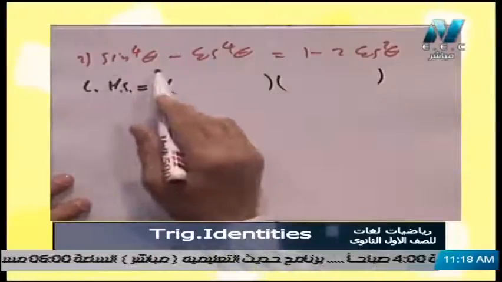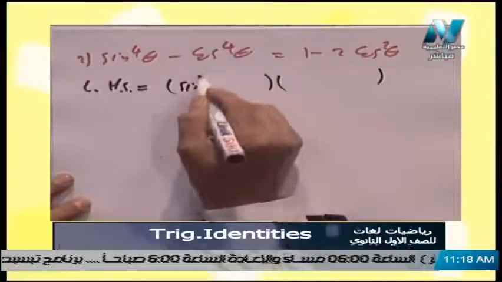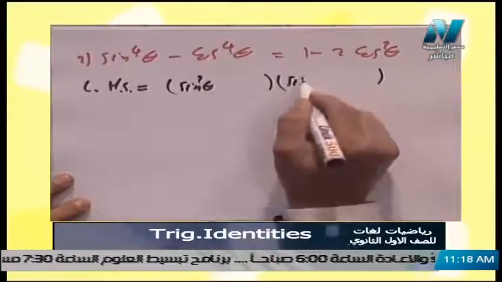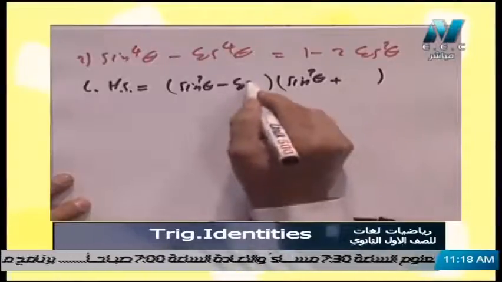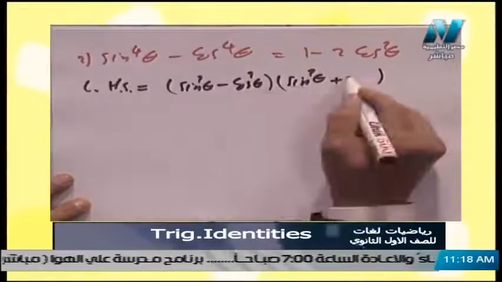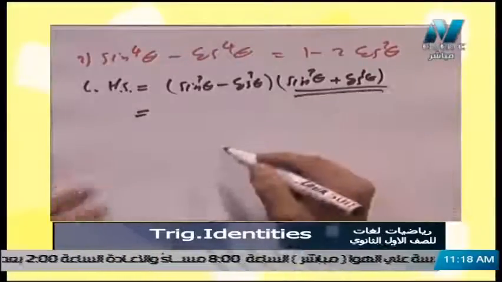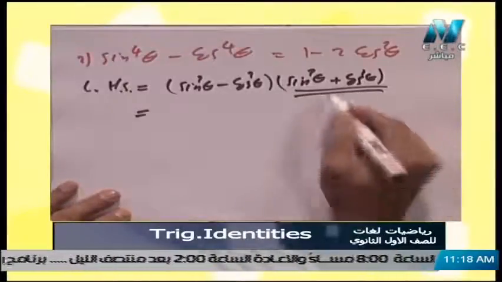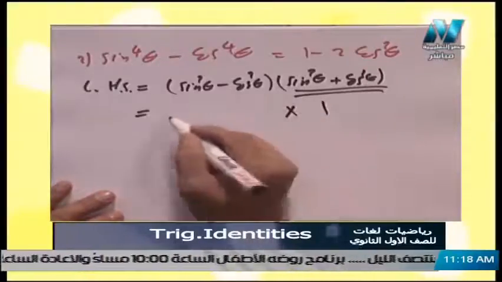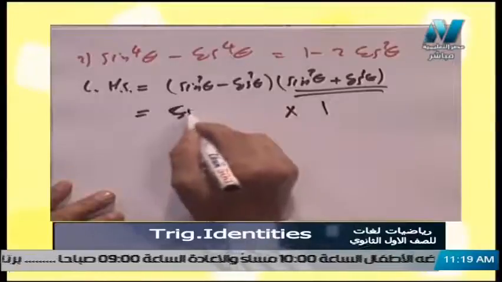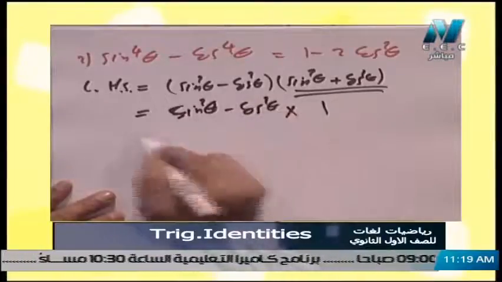So factorize sine power 4 theta to sine power 2 theta, and this is sine power 2 theta also, minus and plus cosine power 2 theta. Yes, some of you intelligent students say that sine power 2 theta plus cosine power 2 theta equal 1, and we have only sine power 2 theta here minus cosine power 2 theta.